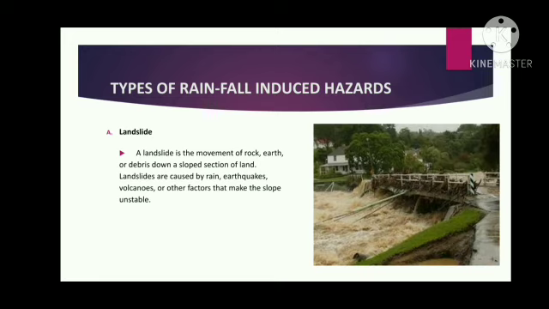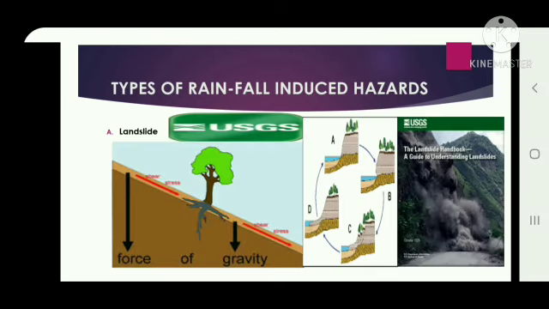According to the United States Geological Survey or USGS, landslides can be initiated in slopes already on the verge of movement by rainfall, changes in water level, floods, streams, erosion, and changes in groundwater.